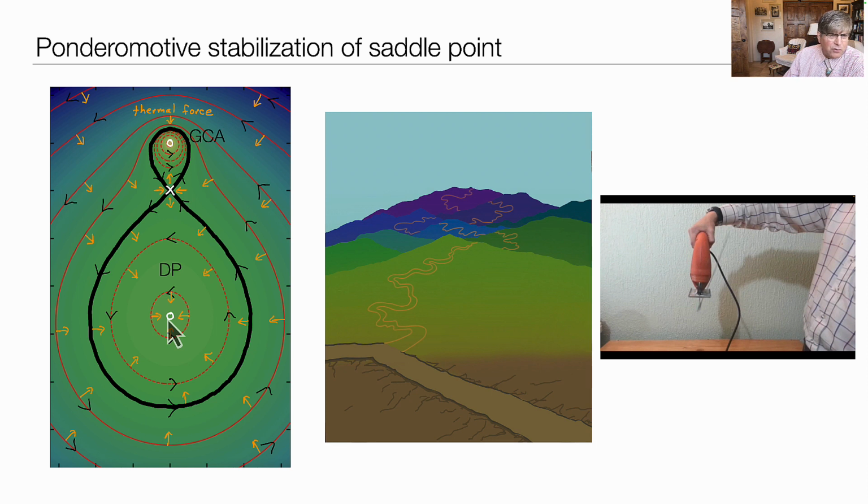Interactions with an external field that randomly perturb the motion will create a thermal force that will cause you to move slowly across these in the direction of the little arrows and eventually reach the separatrix.